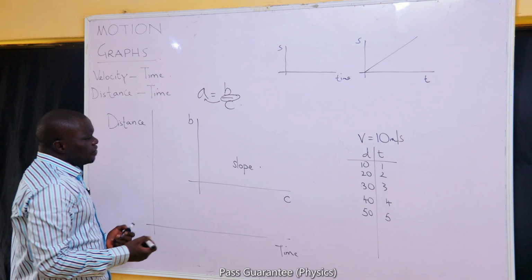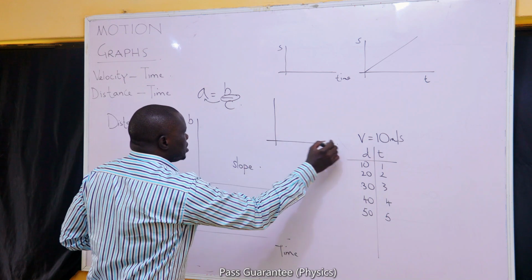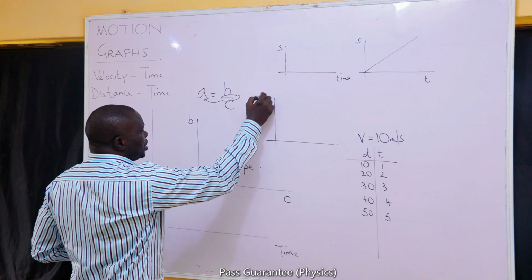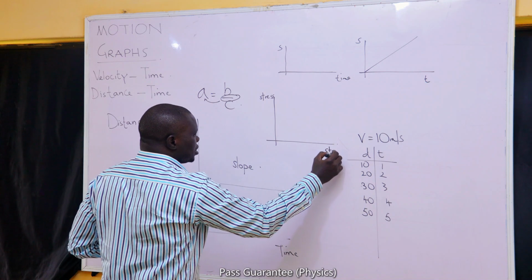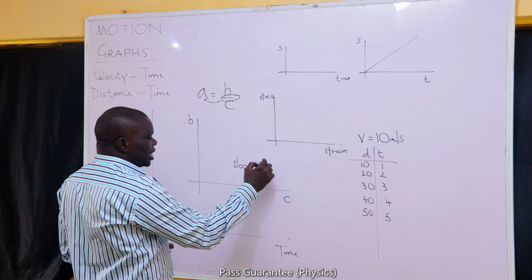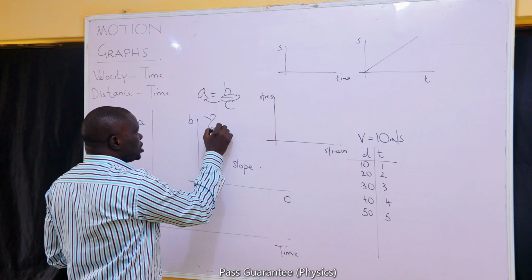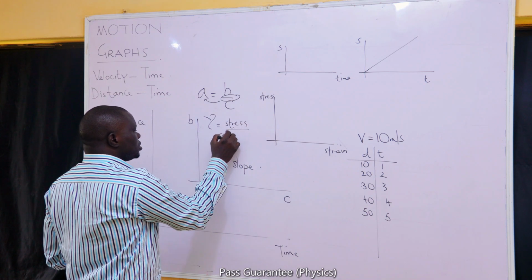So a very good example is when I am given a stress against strain graph under elasticity. We understand that Young's modulus is stress all over strain.